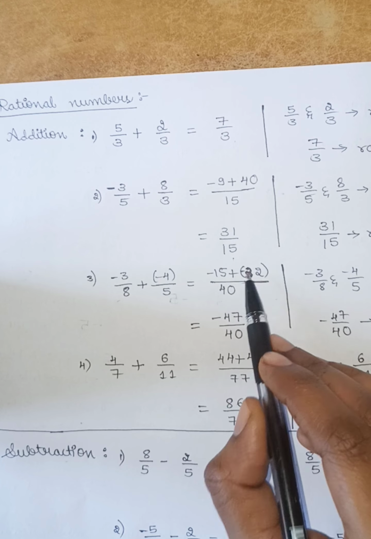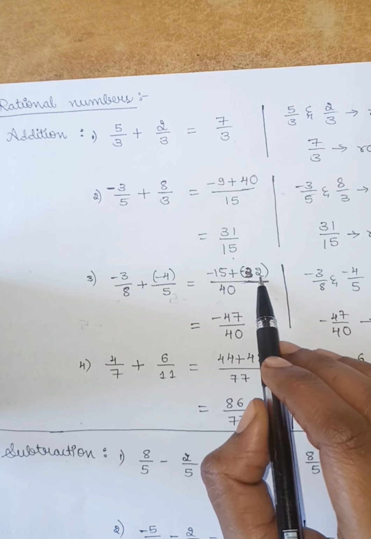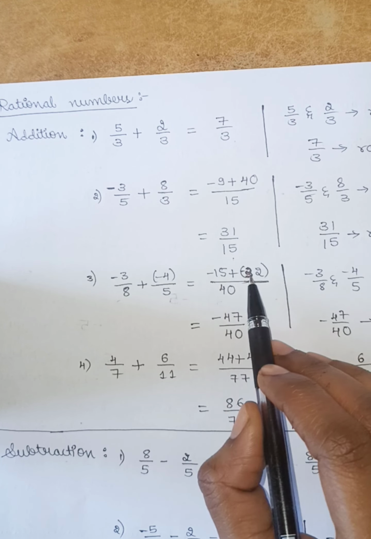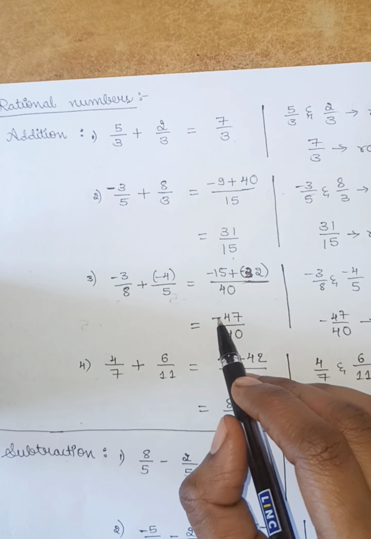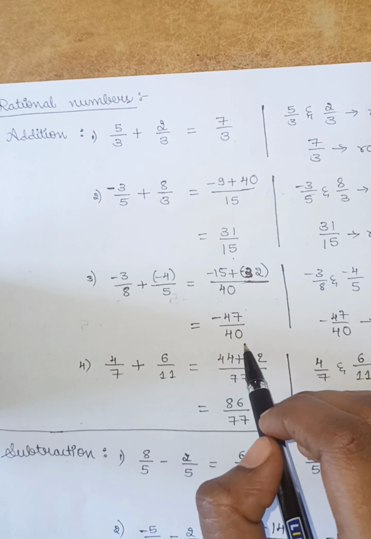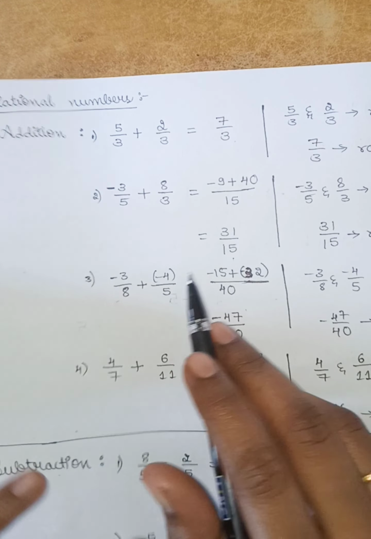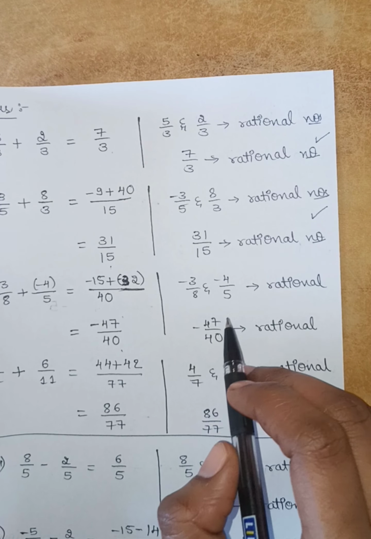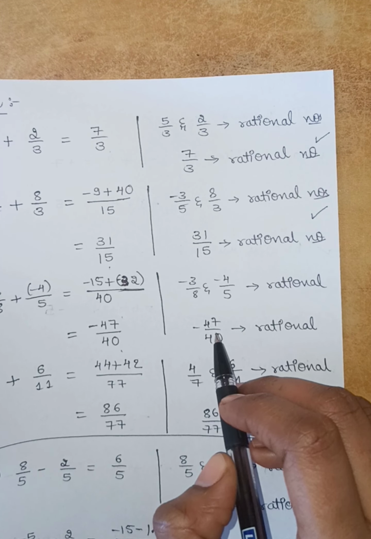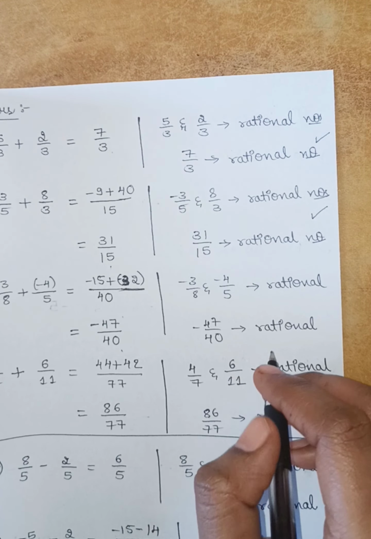Here plus into minus is minus, so minus 15 minus 32 we should add. So 47 and the minus sign, minus 47 by 40. So now minus 3 by 8 and minus 4 by 5 both are rational numbers and minus 47 by 40 is also a rational number, so it follows closure property.